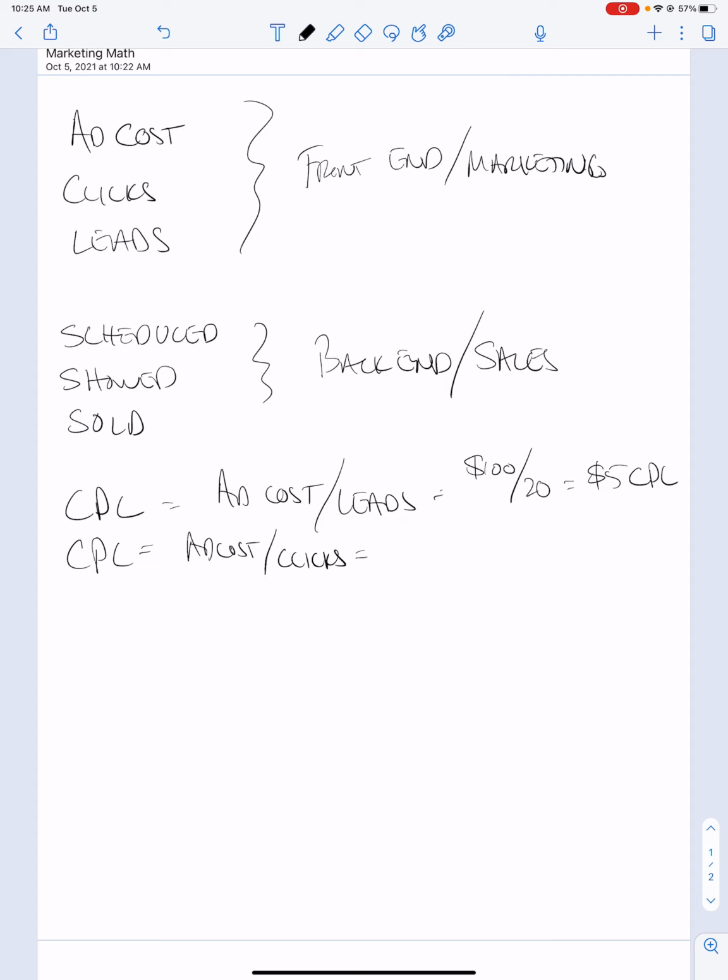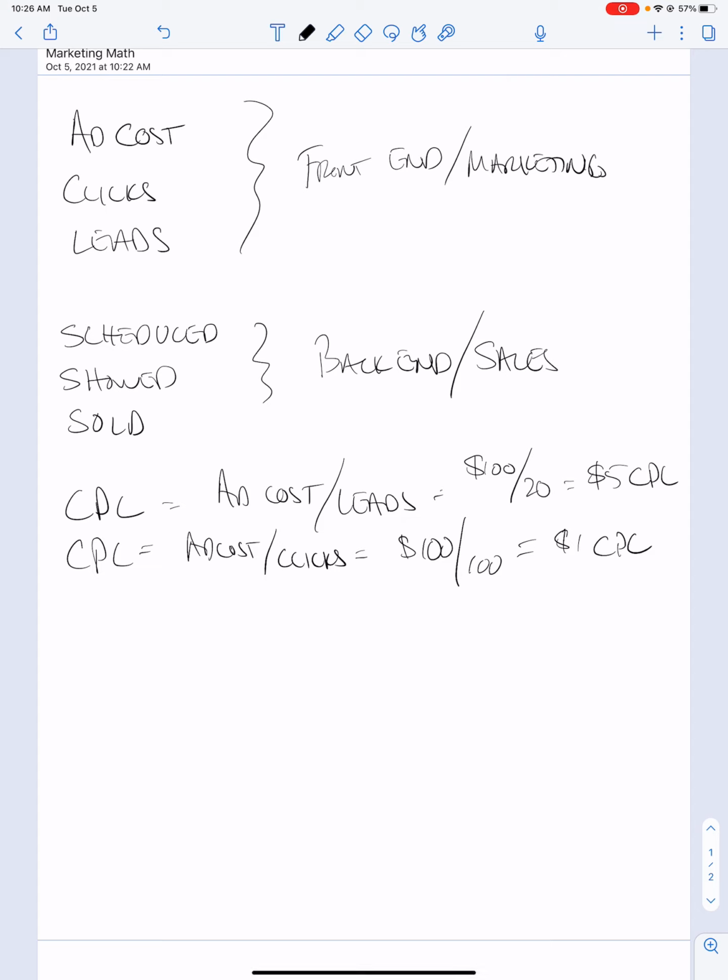Understanding these numbers, you can dissect where the problem is. If you have a ton of clicks but no leads, that means your ad is working but your landing page, or whatever device you're using to get the names, is not. Same $100, but we got 100 clicks. Now that equals a $1 cost per click.